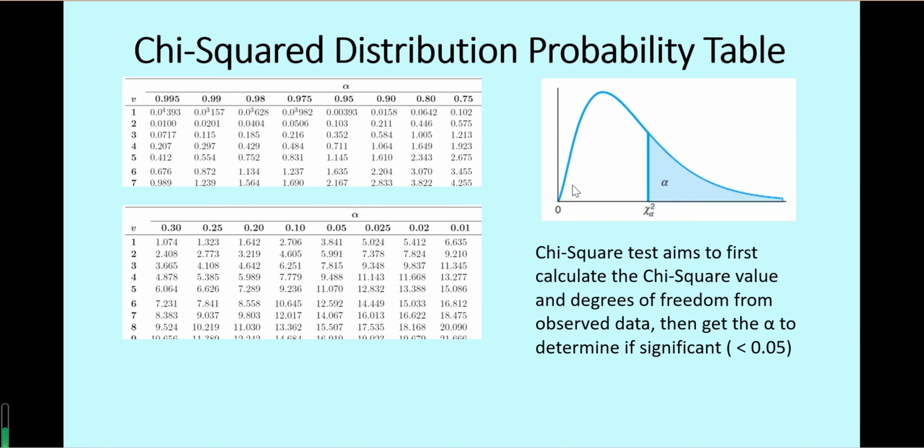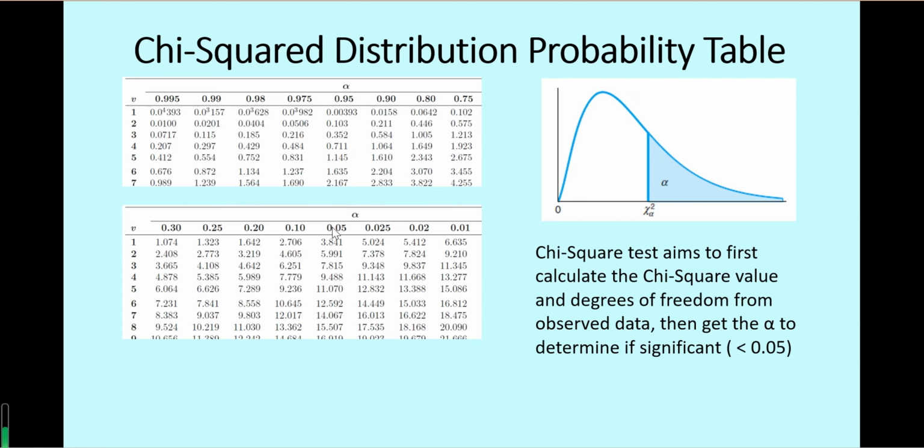For example, in a chi-square test, we check whether this number is larger than the critical value, or from the degrees of freedom and chi-square value we find the alpha level.